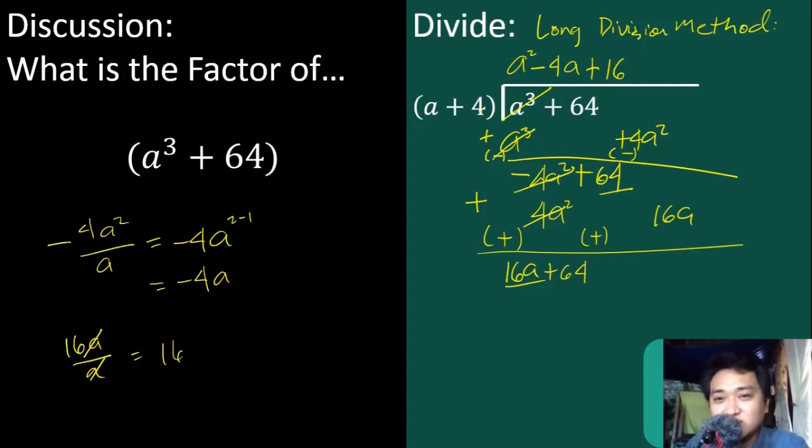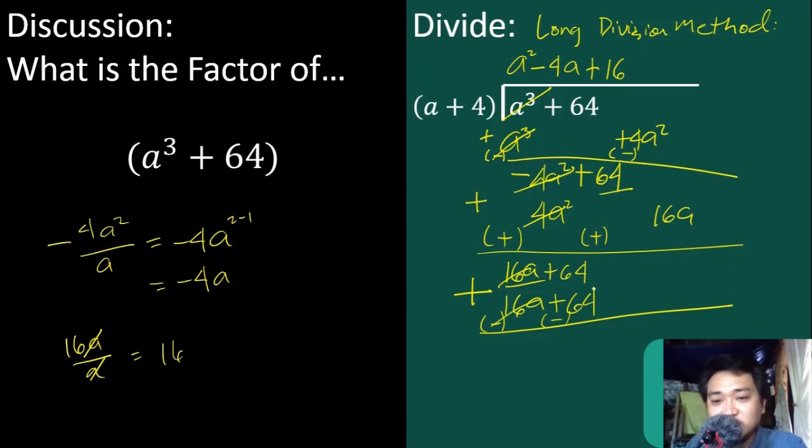Kanina hindi natin pinansin si 4. Ngayon naman, multiply na natin siya sa binomial. So 16 times a, that will be 16a, and then 16 times 4 is equivalent to positive 64. Now, since we are subtracting, we will proceed to addition and then change the sign of the subtrahend. So 16a minus 16a, they are 0.